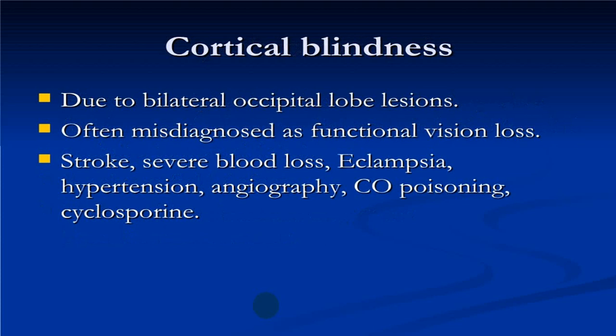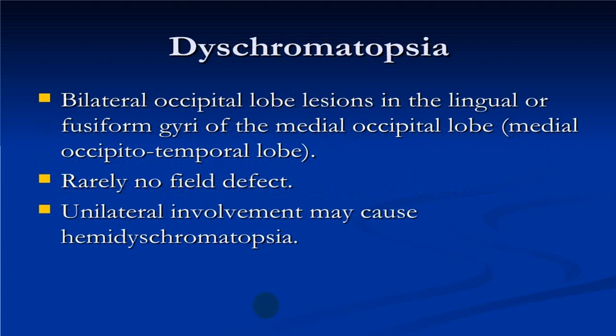It is very common in stroke, eclampsia, hypertension, carbon monoxide poisoning, etc. We call cortical blindness. This is dyschromatopsia, bilateral occipital lobe lesion in lingula or fusiform gyri, where there are no field defects. And unilateral involvement will cause this particular hemidyschromatopsia.